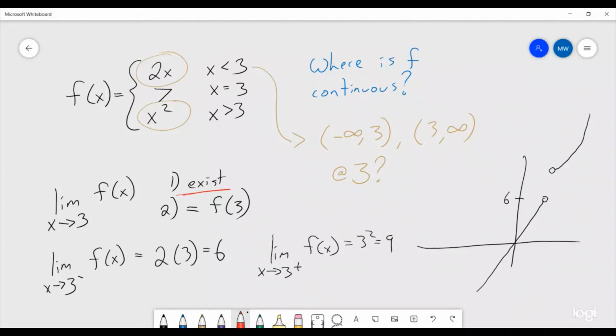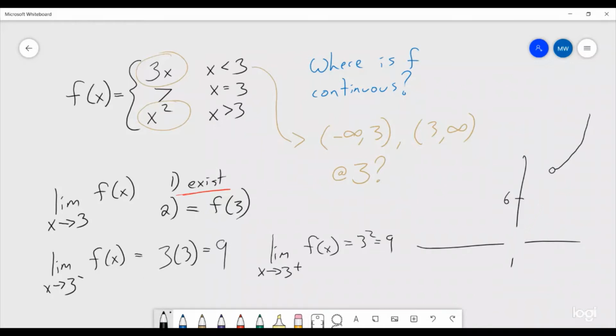Now, if we had changed this function, so instead of being 2x, it had been 3x, then this 2 is going to be a 3, so that is going to be going to 9. And so now the limit does exist. So we would need to fix our line here.